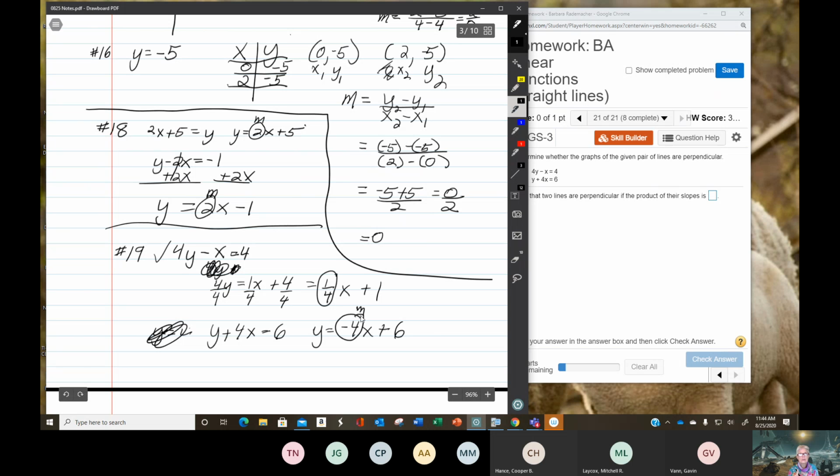This is harder. This is how I know if these two lines form a T or cross at a 90-degree angle, which is perpendicular. I have to multiply the two slopes together, and if I get the number -1, then they are perpendicular. Let's see what we get.